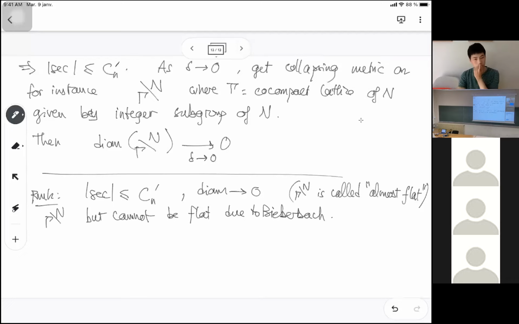I'm going to use 5 minutes to tell you what's going on next. So this example shows you that really only talking about F structures is clearly not enough to describe what's happening in general. So in this case, you have this nil manifold that is also collapsing with diameter going to 0.